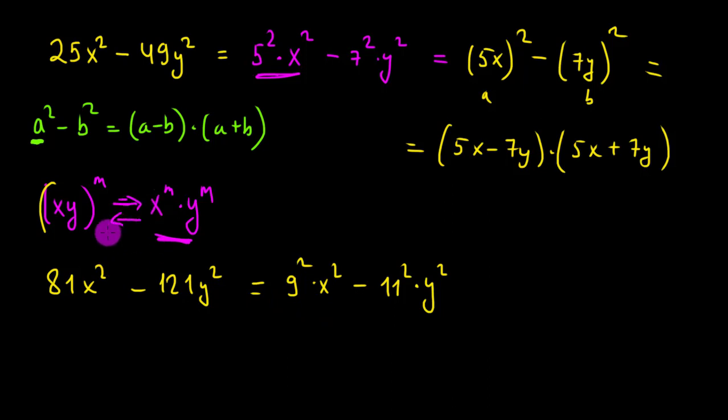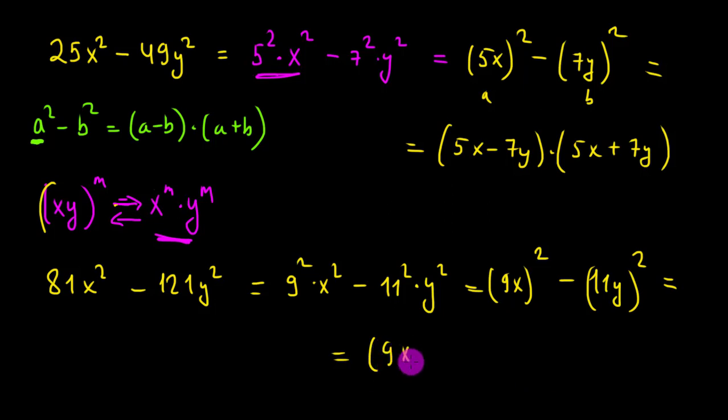Using this rule, you can join these two and make a common power, yeah? So 9x to the power of 2 minus 11y to the power of 2. According to the formula, it will be 9x minus 11y times 9x plus 11y. That's your answer.